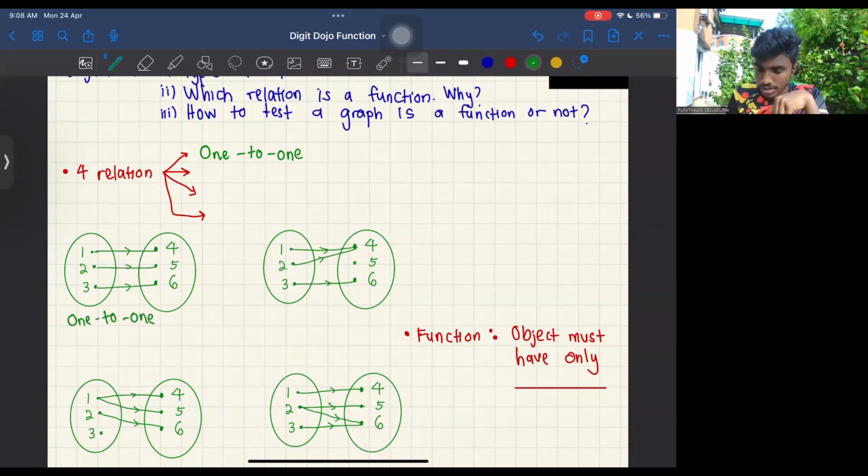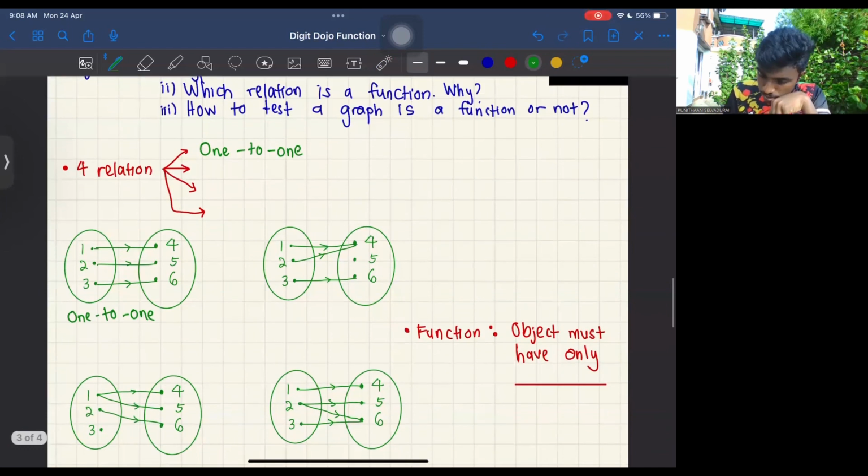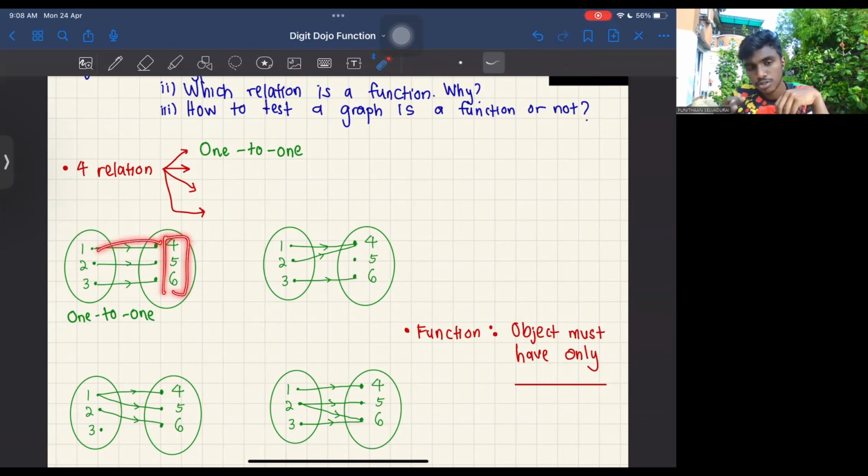This is one to one because in my previous lesson I said all these elements on the left hand side, or before the arrow, are known as objects. For example here, 1, 2, and 3 are objects, and they are mapped into other elements on the right hand side, or after the arrow, which are known as the images. 4, 5, 6 are the images.